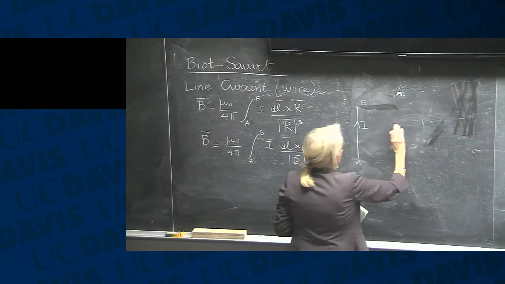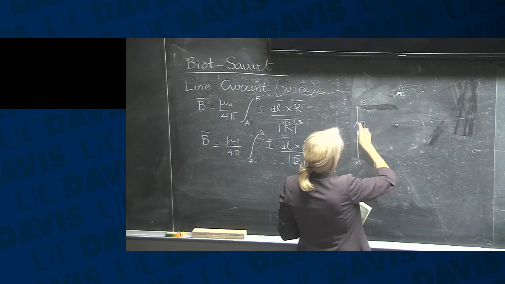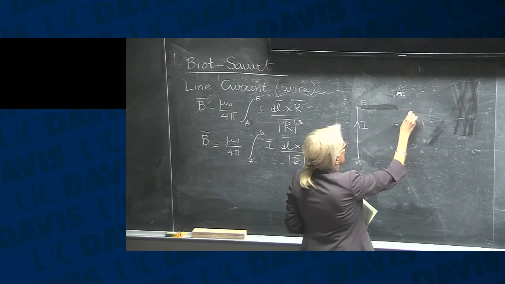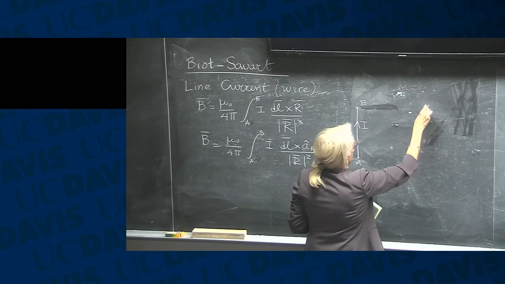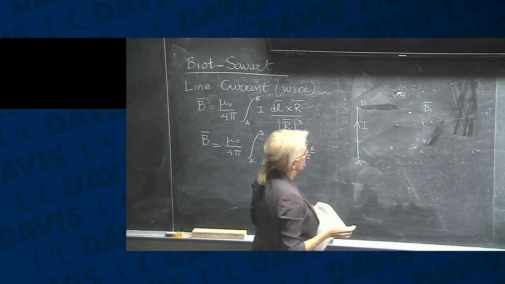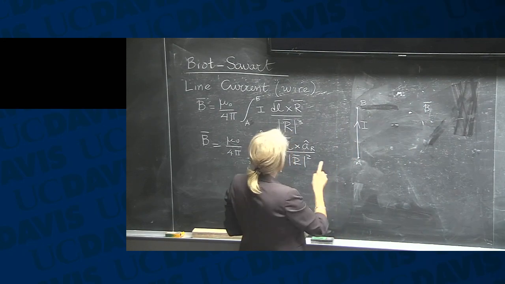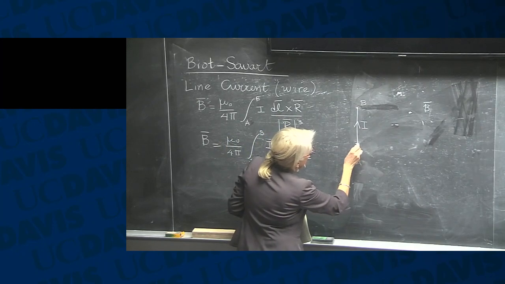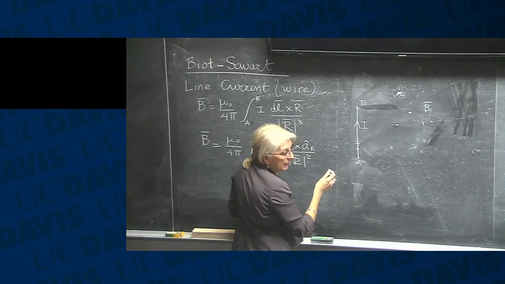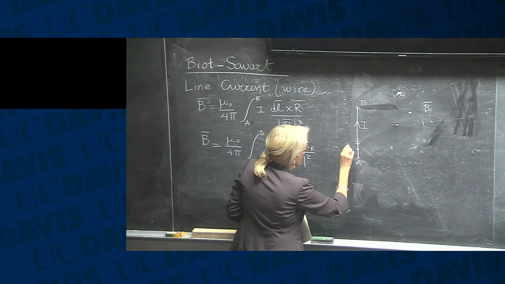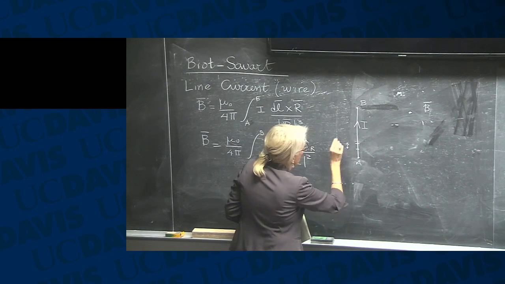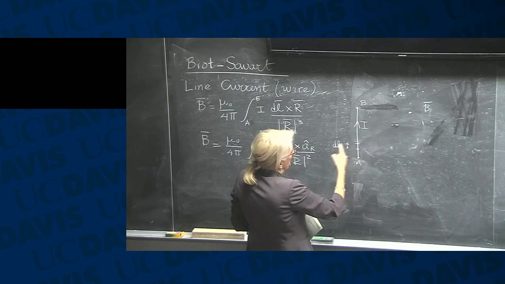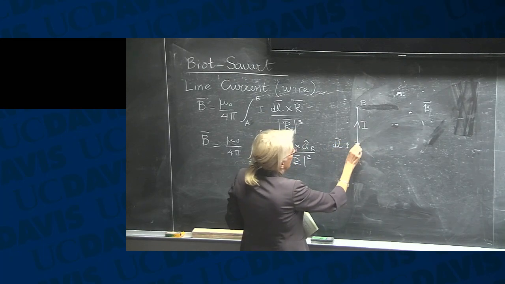Where now I'm calculating, due to this current from A to B, the magnetic field here, all right? And what is R? If dl is somewhere here, and that's my dl, then the dl with the direction of the current is a vector, all right? So it's going to go like this.